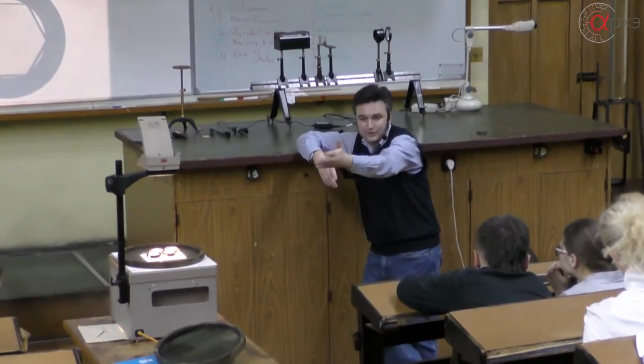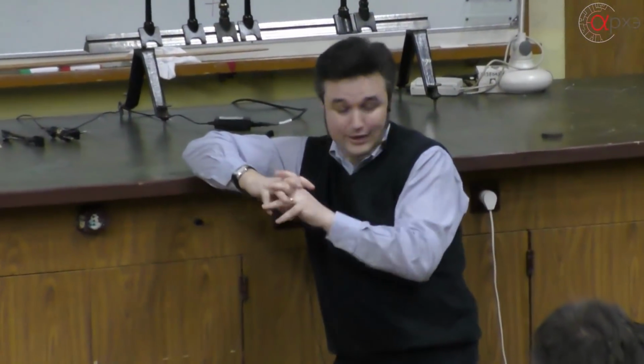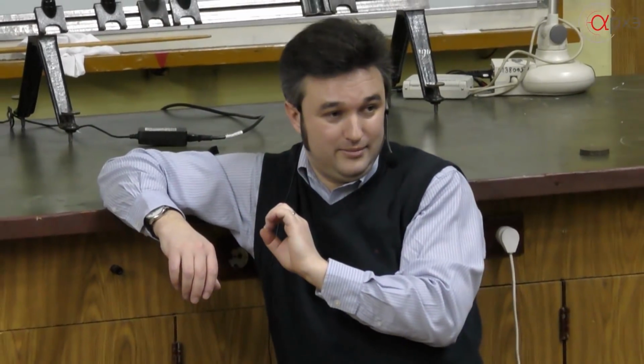Well, if you take a piece of plastic like this, you can see that it is transparent, absolutely transparent. But there is something else about this piece of plastic that cannot be seen by the naked human eye.